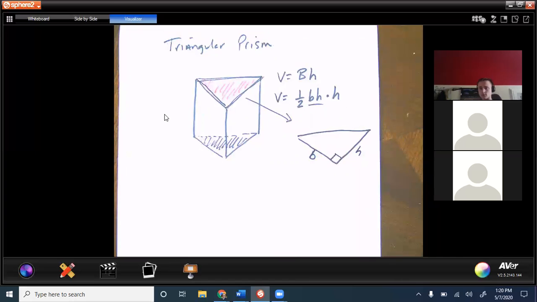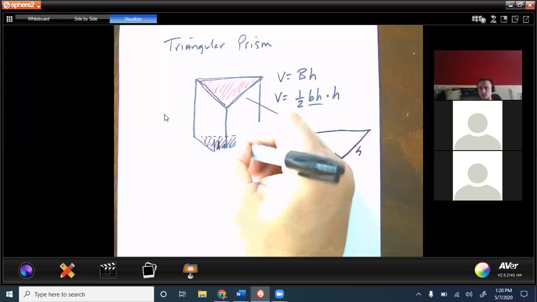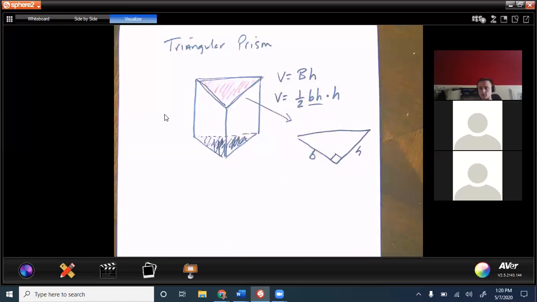If it were not a right triangle, then we'd have to find the area using the other methods that we know. The cosine law helps us find all the parts so that we can find the height. Pythagorean theorem, if it's a right triangle. Well, it just depends on what they throw at us, but we'd have to find the area of the triangle.